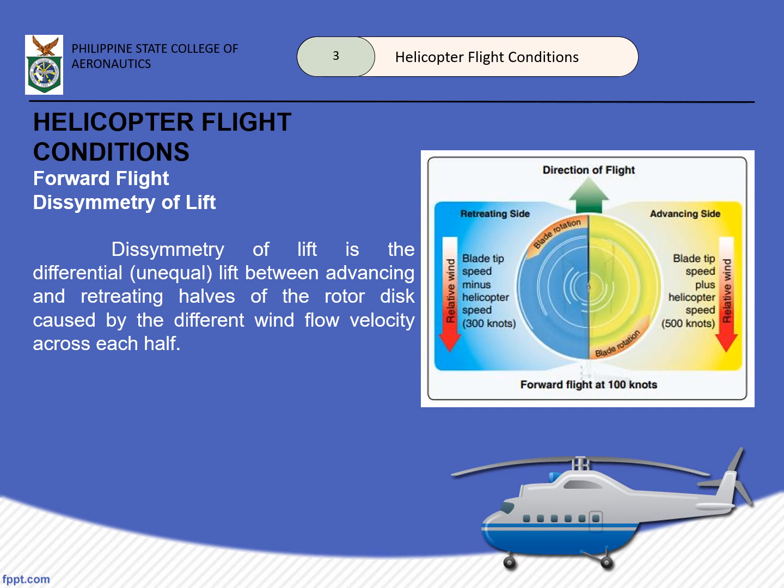Dissymmetry in lift could make the helicopter uncontrollable. So in order to counter this, we need to even out the lift of the advancing and retreating side by altering the other components of the lift formula. Particularly, the only one that we can alter is the lift coefficient characterized by our angle of attack. We can alter this through flapping of our main rotor blades.